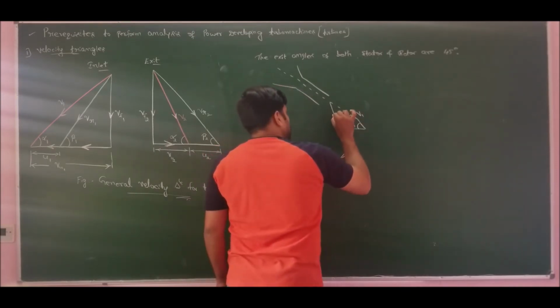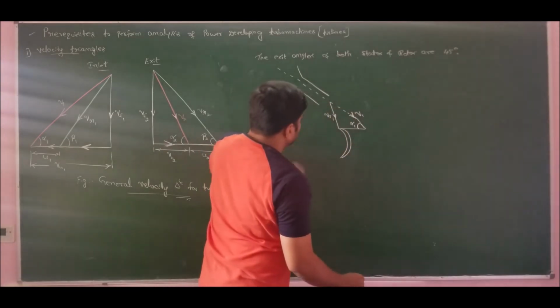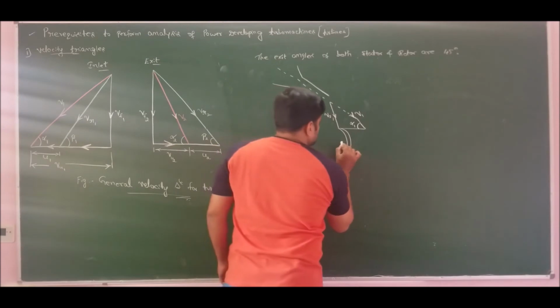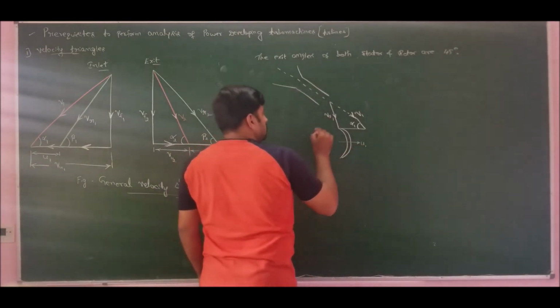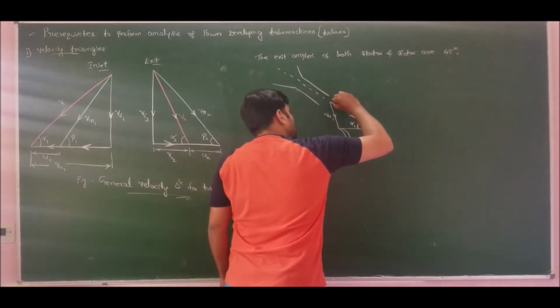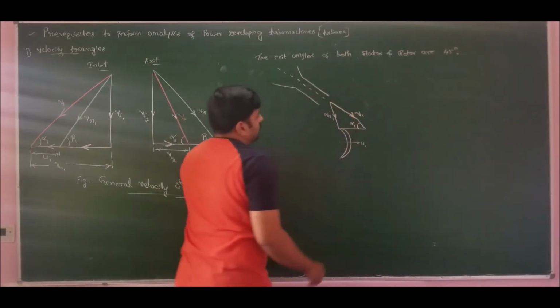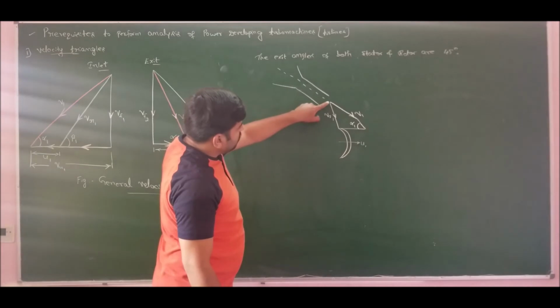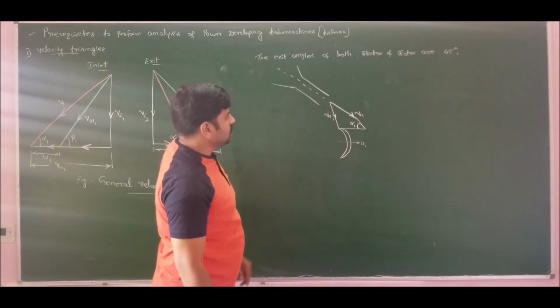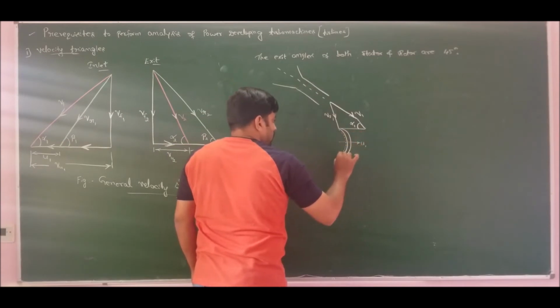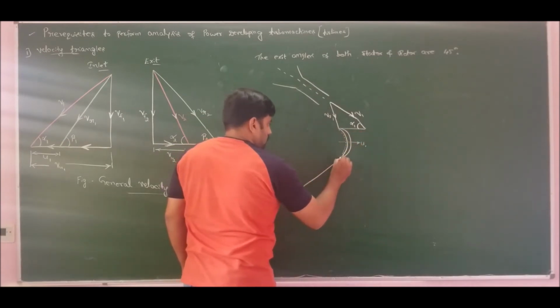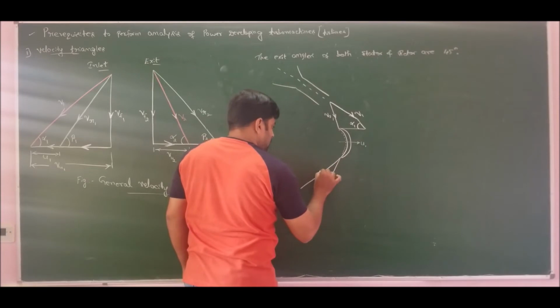Here we have VR1. If I draw a vertical line, I will get the flow velocity. Since the rotor is already moving, we have velocity U1. So if I draw a vertical line, I will get the flow component. Let me not represent the flow component here by drawing a vertical, to avoid confusion. Later we have the relative velocity moving and coming out, and we have the absolute velocity at exit.